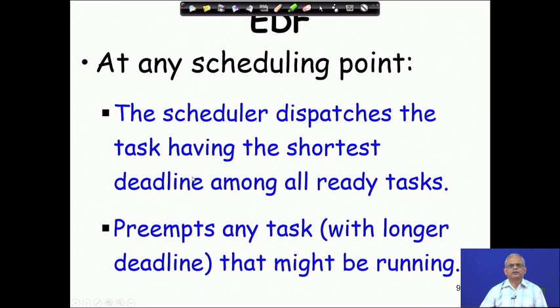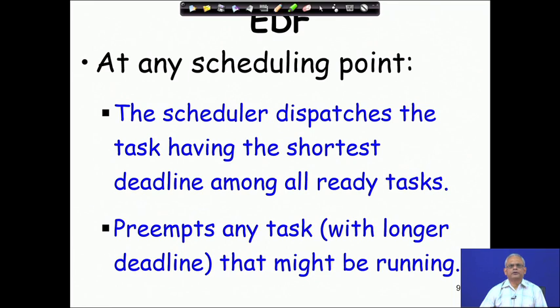And when it runs, it may preempt any other task that may be running. You may ask, at a scheduling point, will there be a task running? Or let me ask you this question: when there is a scheduling point, is it possible that some task is running at that point? The answer is yes.